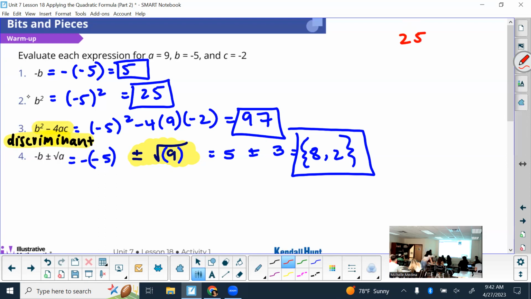Positive 25, remember we went over that in the second one, it should be positive. And then, what's -4 times 9? 36. So -36, and then -36 times -2 is.